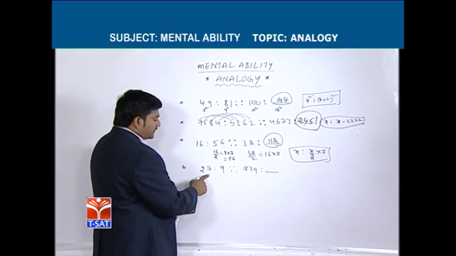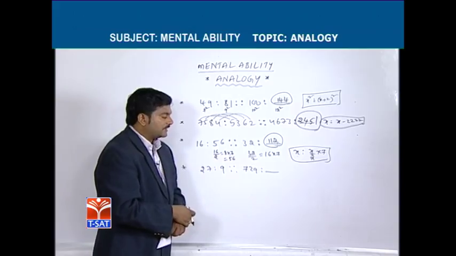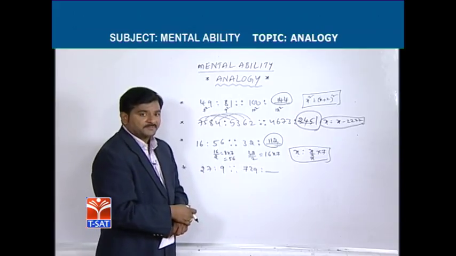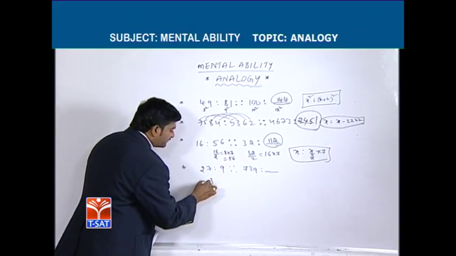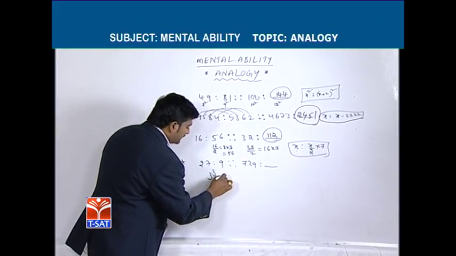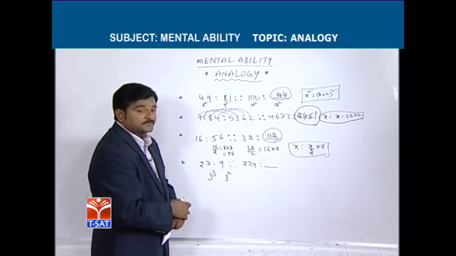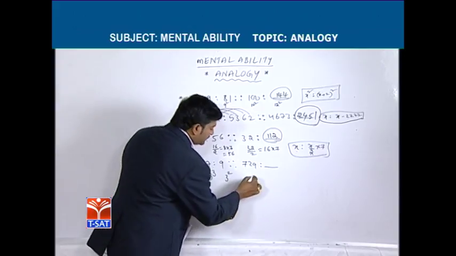This is 27 is to 9 as 729 is to dash. So it's very clear. 27 means what can you write here? 3 cube you can write. Similarly 9 means what can you write? 3 square you can write. So now apply the same concept here. 729 means what?